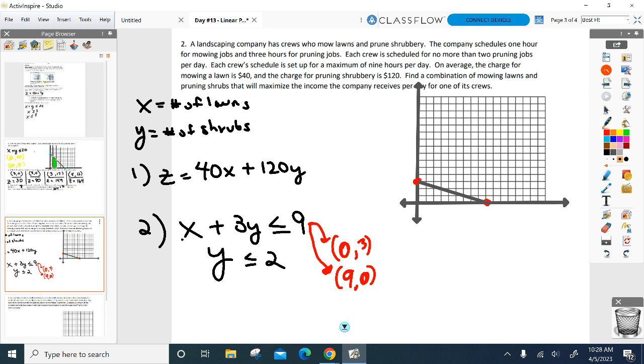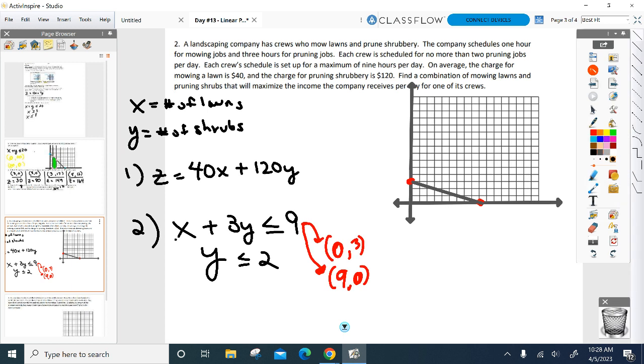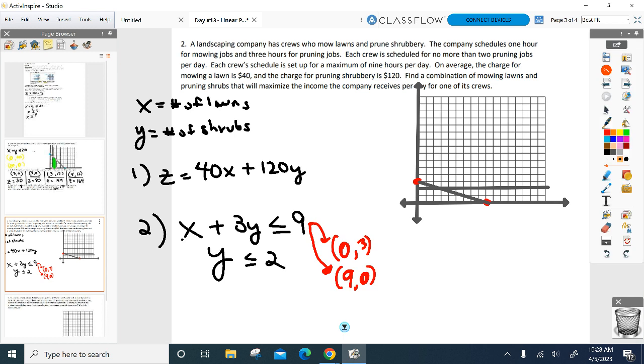I plug in 0, 0. Yeah, works, right? So we should be shading towards it, and then that horizontal line cuts that triangle down even more. So hopefully we see that. So everyone see the shape here we end up with? Another 4-sided figure.